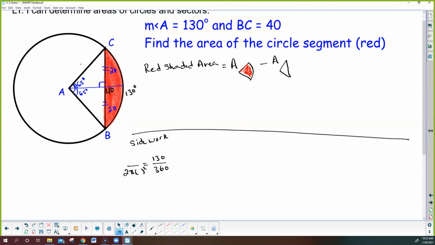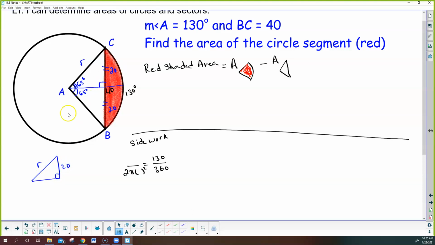So to find the radius, I actually have to do even more side work. Let's draw one of those small triangles right here off to the side. Here's my radius. It's a right triangle.